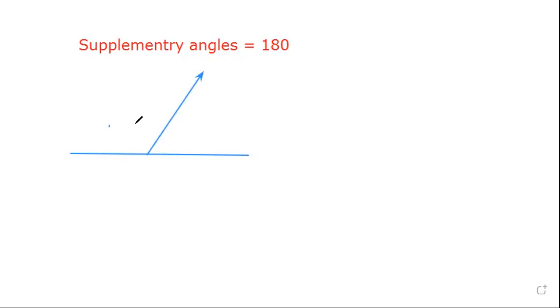If I say that this one equals 5x and this one equals 4x, then their sum together equals how many?